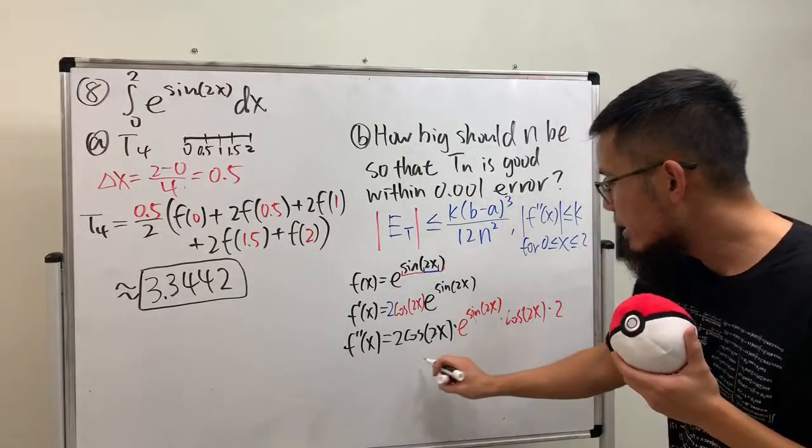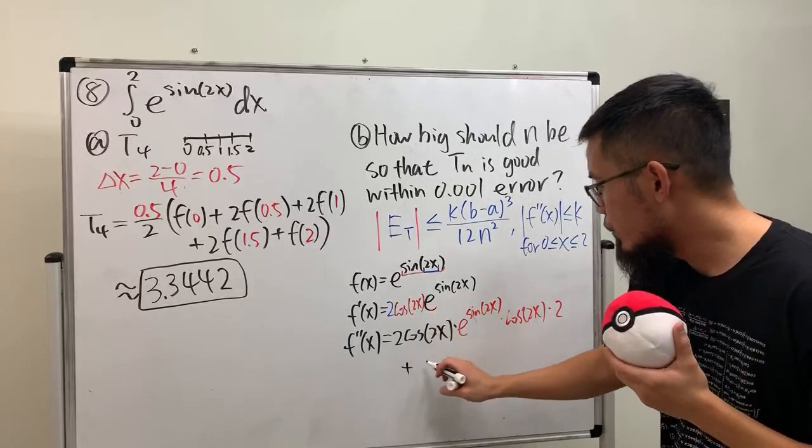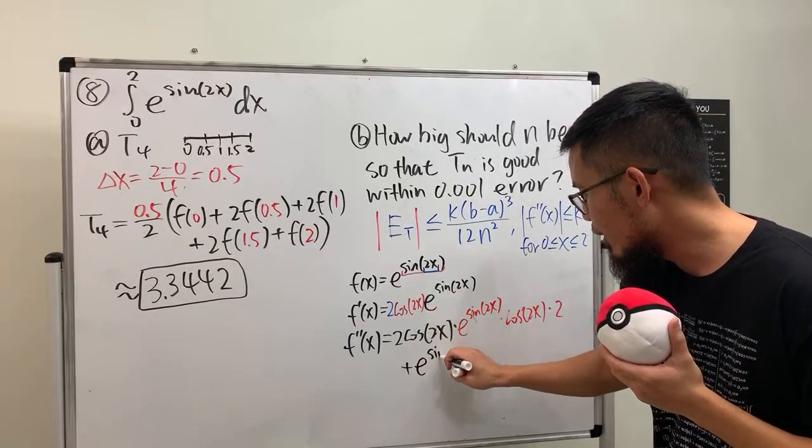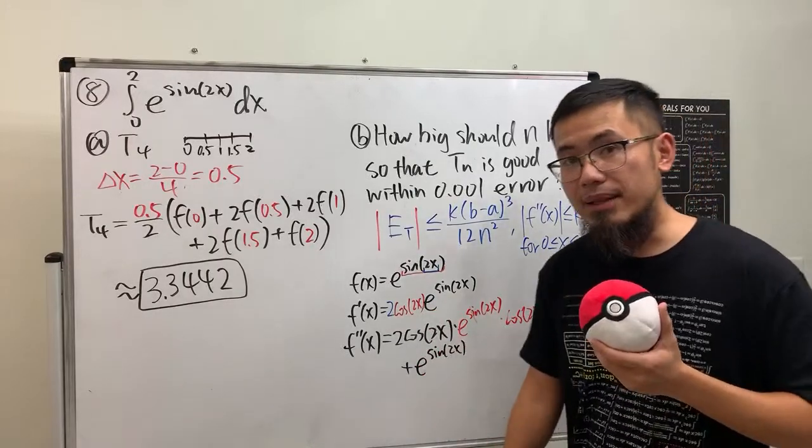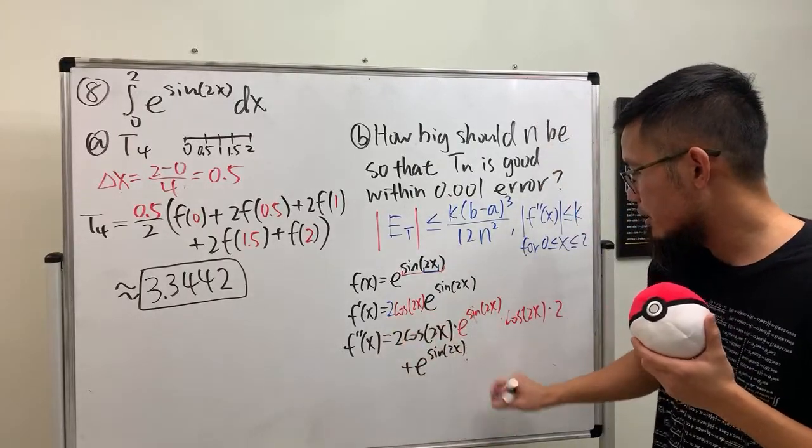All right, and then we are going to add the second function, which is e to the sine of 2x, and then multiply by the derivative of the first.